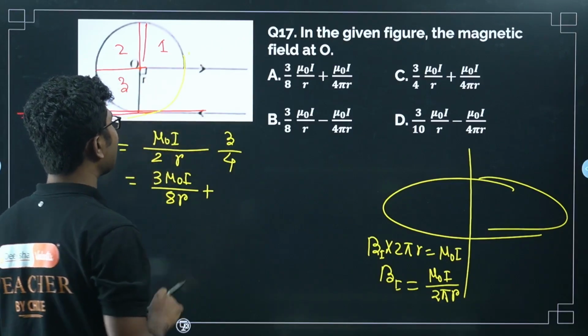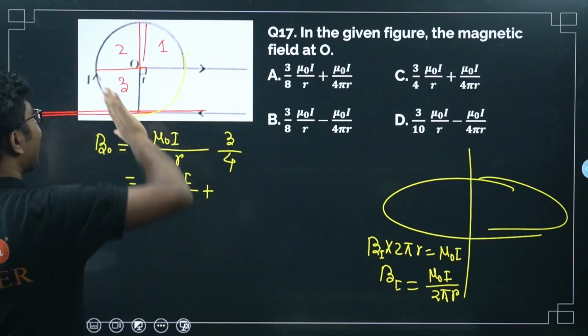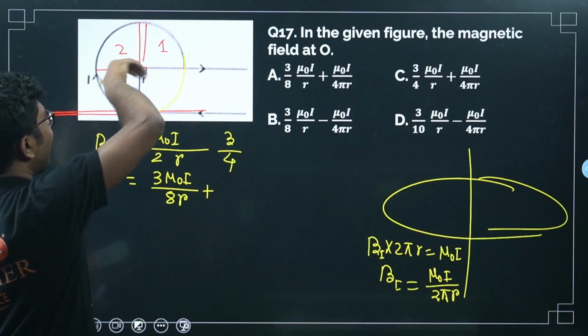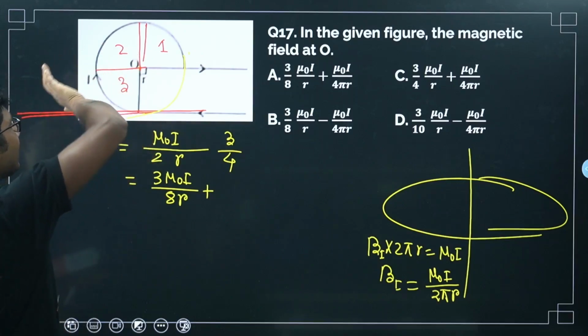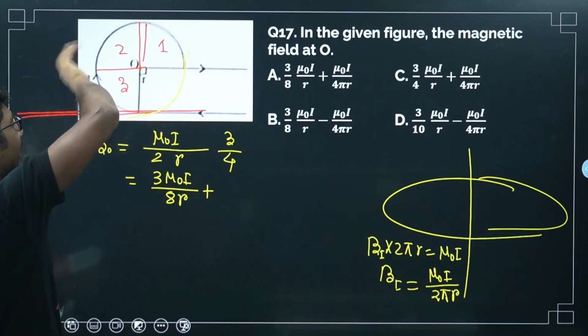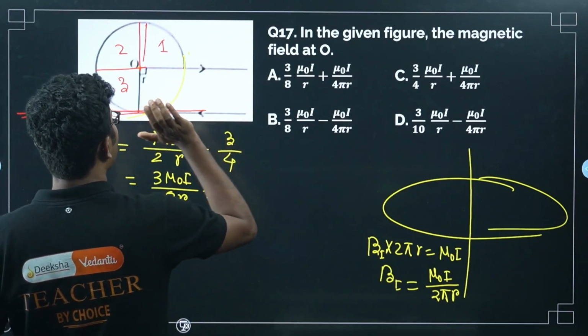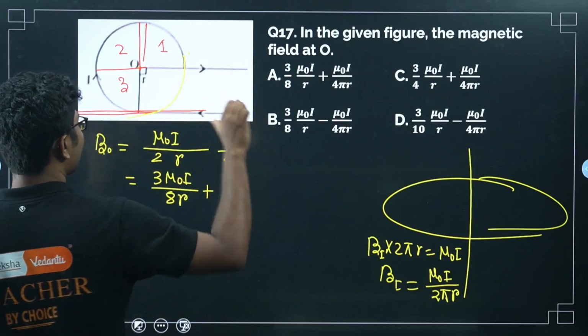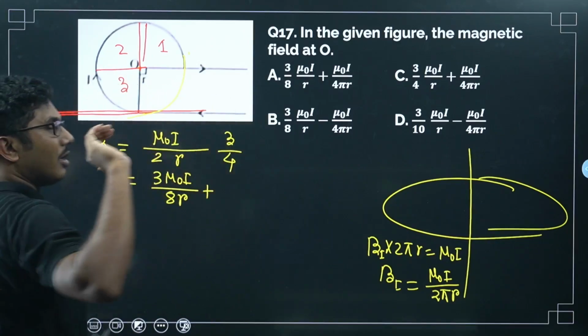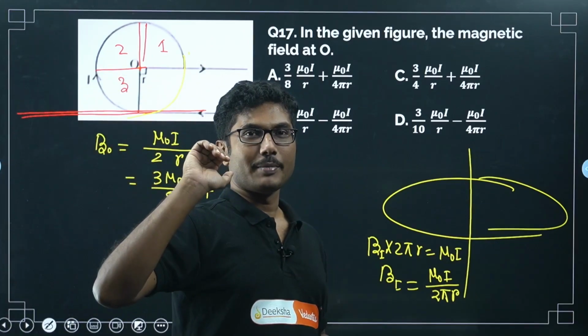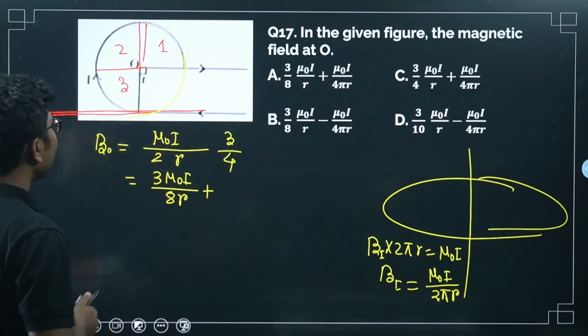So they will be added. I told you how to remember the direction for any current carrying wire. You have to arrange your fingers like this for a loop, and the thumb points the direction of magnetic field. For a straight wire, you have to arrange your thumb in the direction of current, and your fingers point towards the magnetic field. Remember that, right? Now let's start.